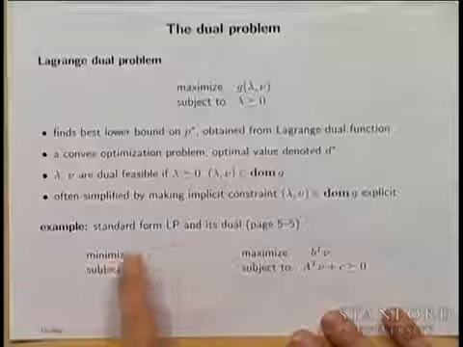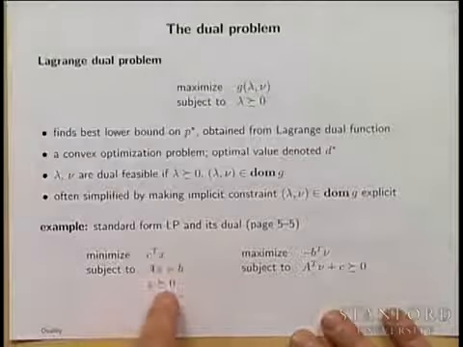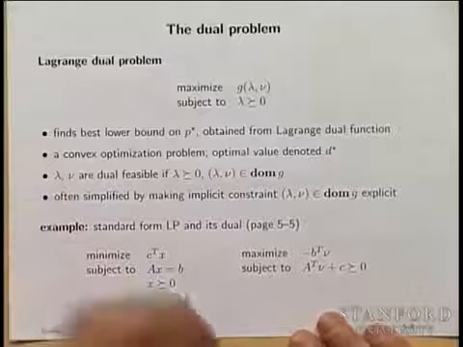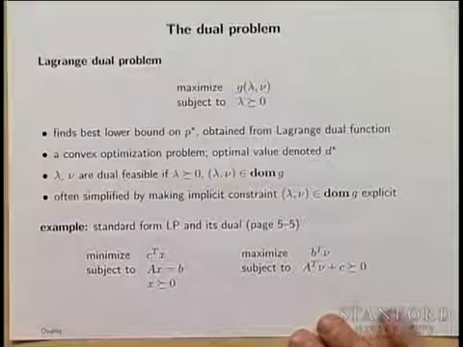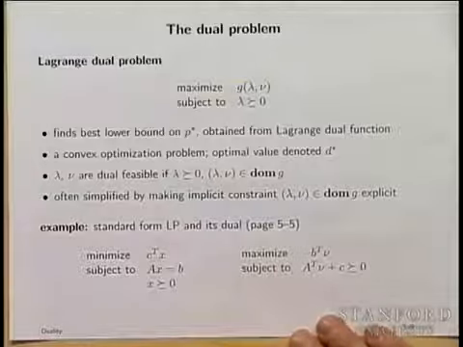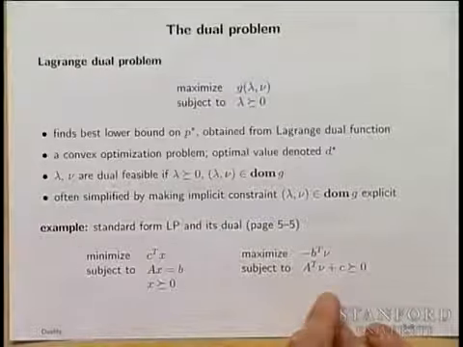Okay? So here's the so-called standard form LP. And then this is what it looks like when you have actually pulled out this implicit constraint. Technically speaking, this is not the Lagrange dual of that. Okay? However, people would call this the Lagrange dual. So you're given a little bit of license to form the Lagrange dual and do a little bit of trivial rearrangement, and people would still call it the dual or something like that.